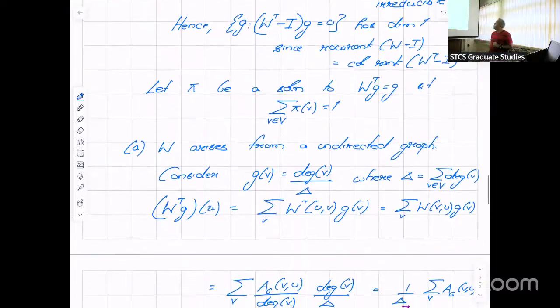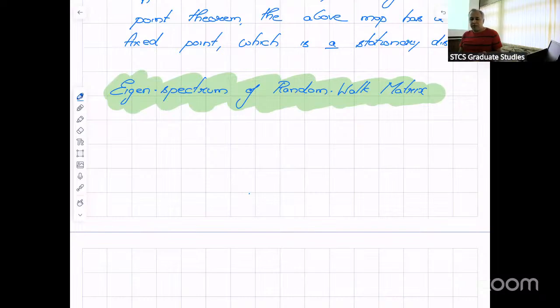So what we'll try to ask is, is there another inner product? The usual inner product, the dot product, treats all the vertices equally. Now, you should not be treating the vertices equally. From now onwards, I'll only be talking about irreducible random walks.